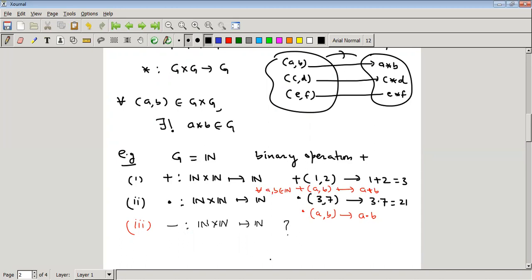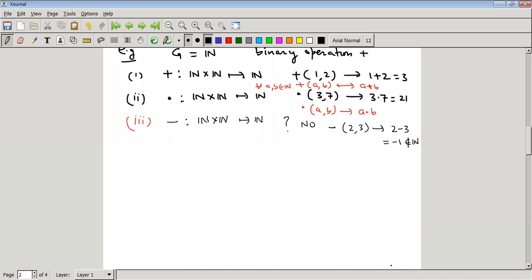No, because if you take 2 comma 3, and minus is the binary operation, then the answer is 2 minus 3, that is equal to -1, that does not belong to N. So subtraction on natural numbers is not a binary operation.